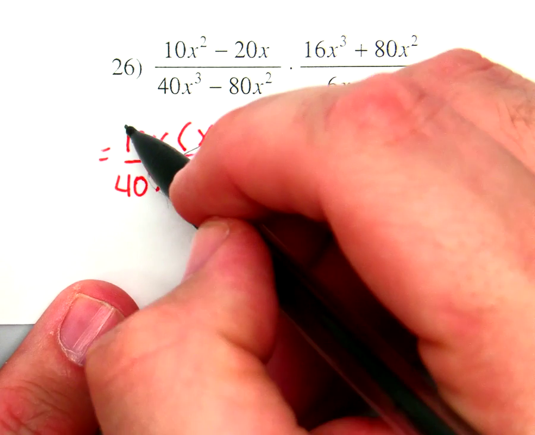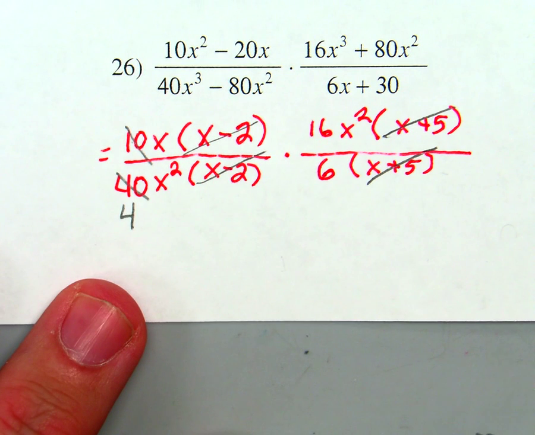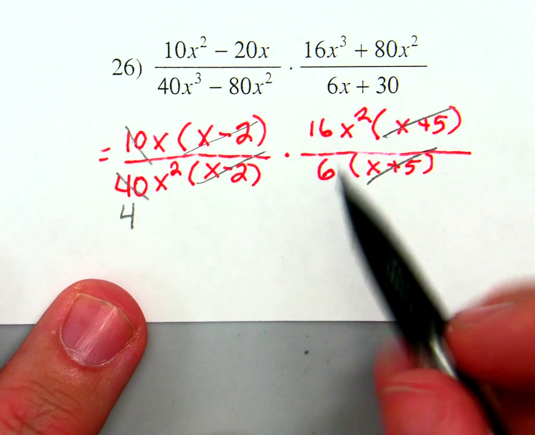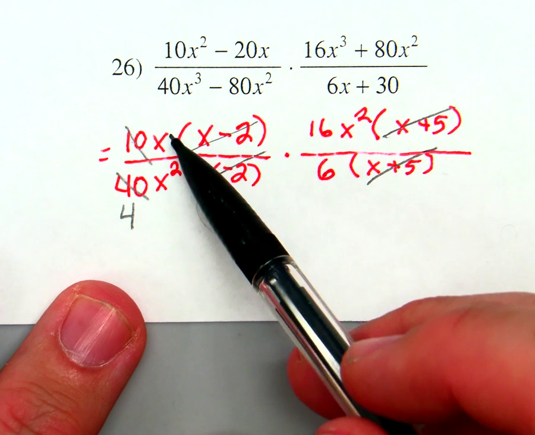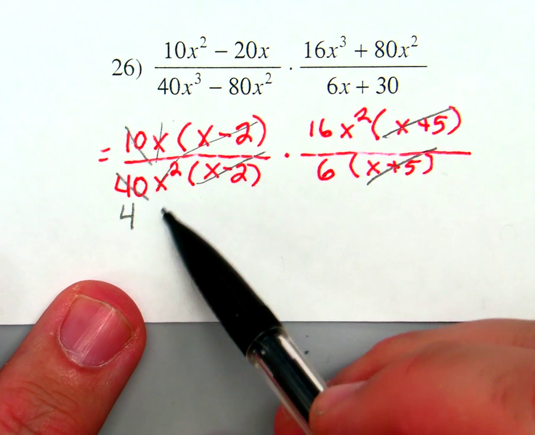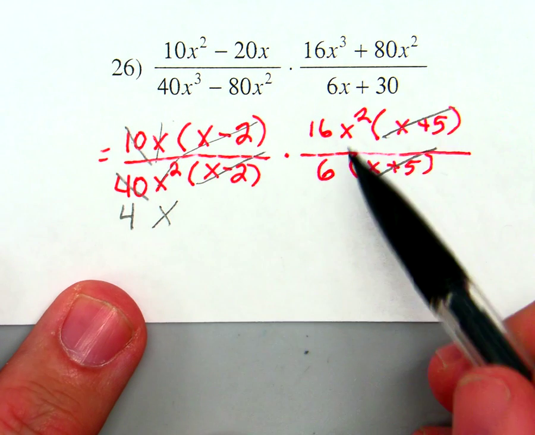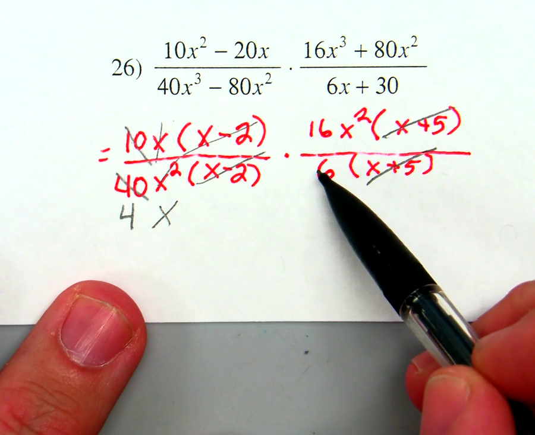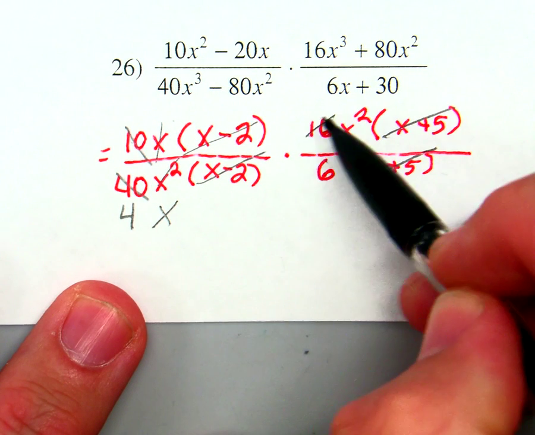So there's 4 left over down there. The x and the x squared: this guy's gone, and I'm left with an x here. Now, 6 and 16, 2 divides into each one, right? 8 over 3.